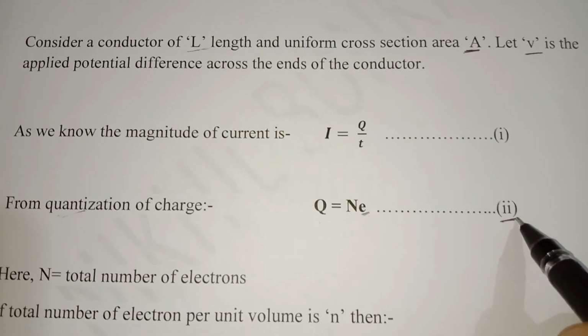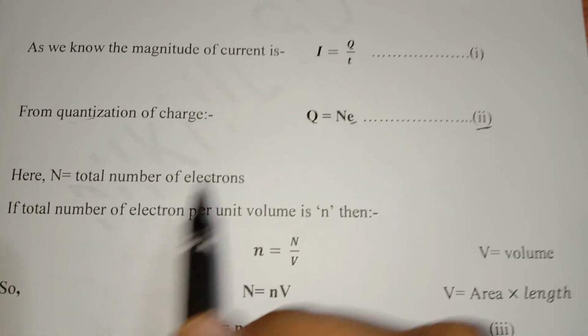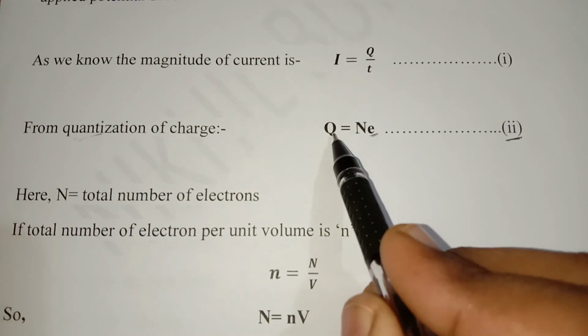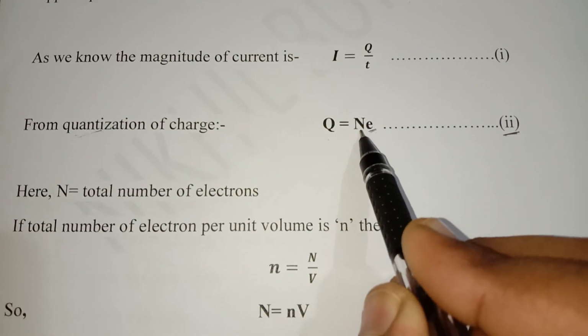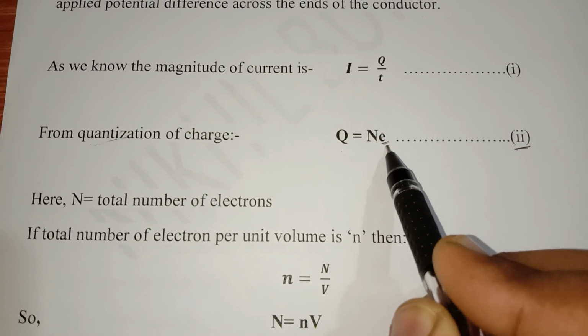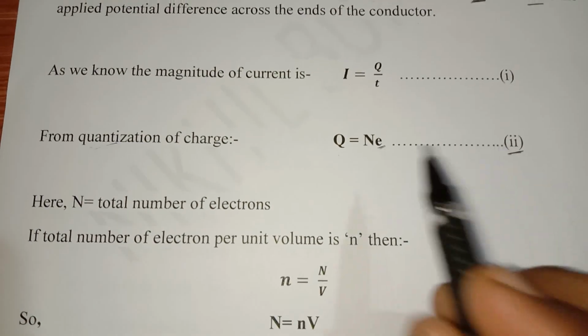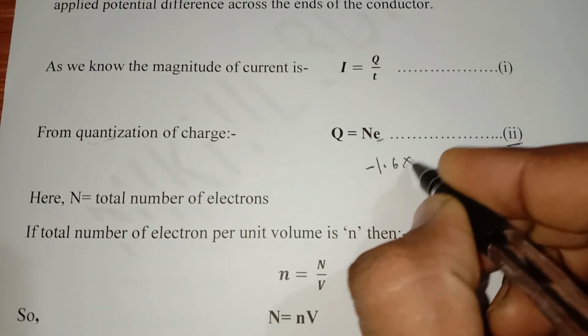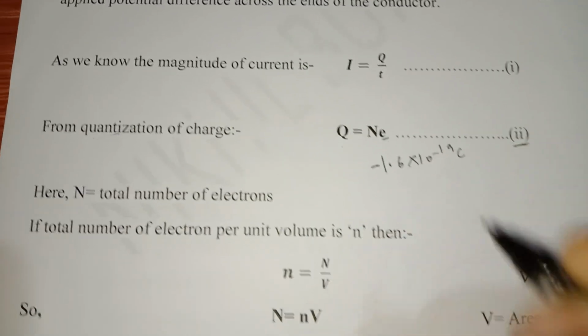This is our second equation. Here n is the total number of electrons, Q is the total charge, and e is the charge of one electron, which is minus 1.6 multiplied by 10 raised to minus 19 coulomb.